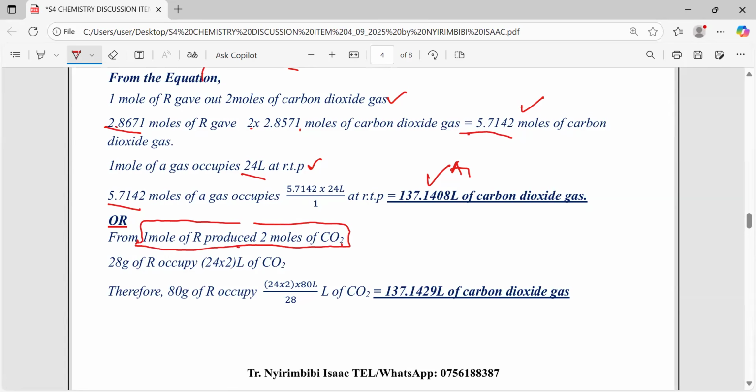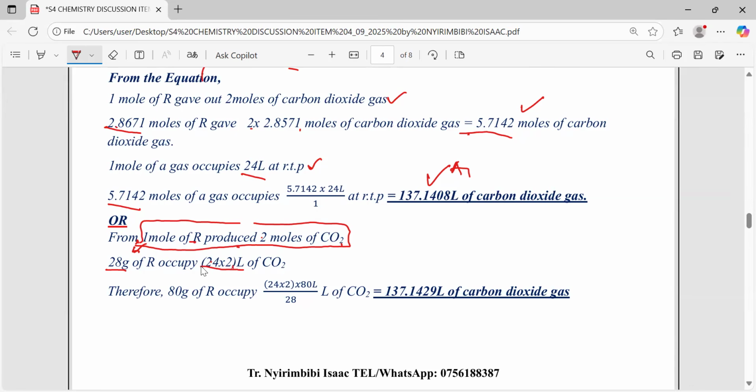Now, from this statement, I said 1 mole is equivalent to the molar mass of R, which is 28. Are you seeing that? Then 2 moles. I know that 1 mole of carbon dioxide occupies 24 liters. Therefore, since there are 2 moles, it will be 24 times 2 liters.